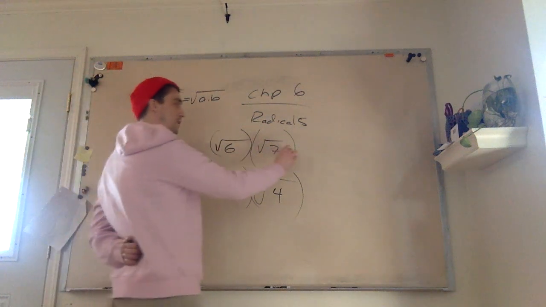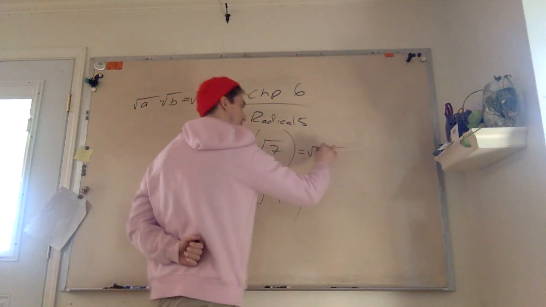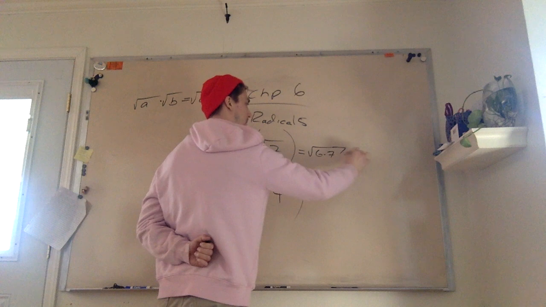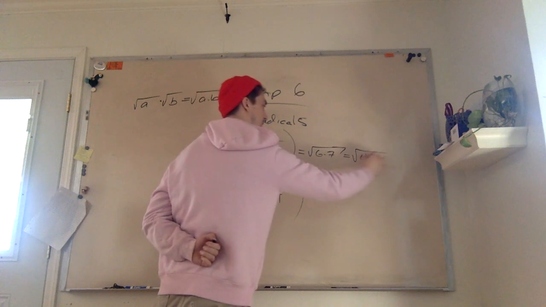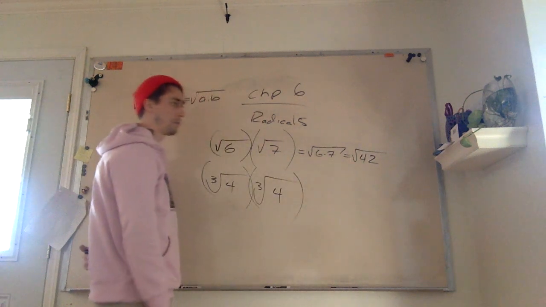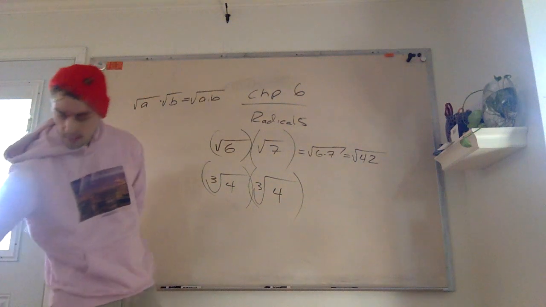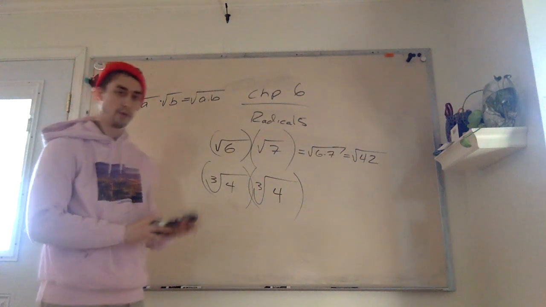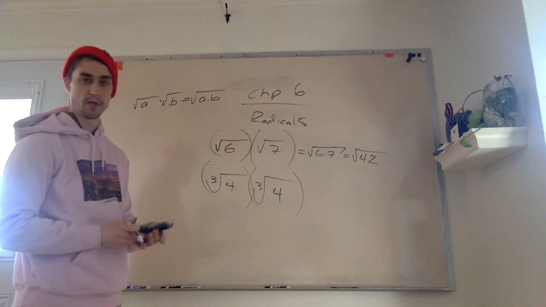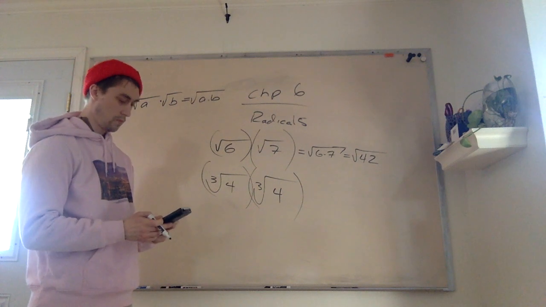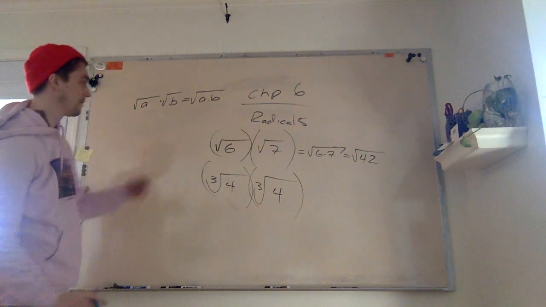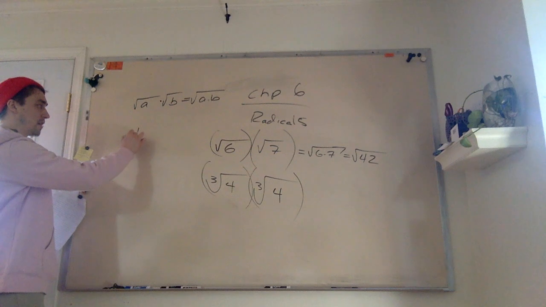Square root 6 times square root 7 will be square root 6 times 7, which will be the square root of 42. Can you simplify the square root of 42? That's what you need to determine before you're done. So, if I'm going to simplify the square root of 42, I'll get out my list of perfect squares.